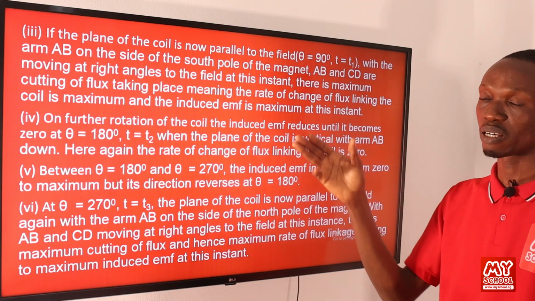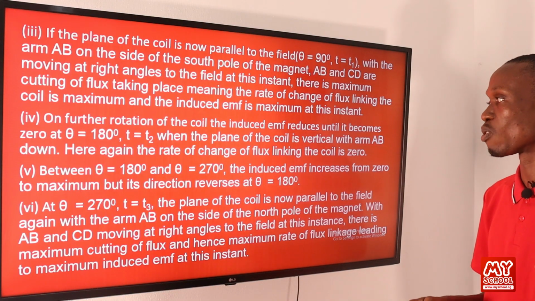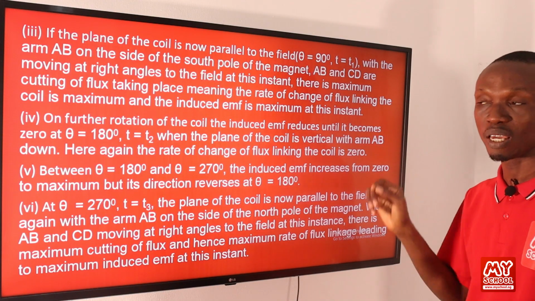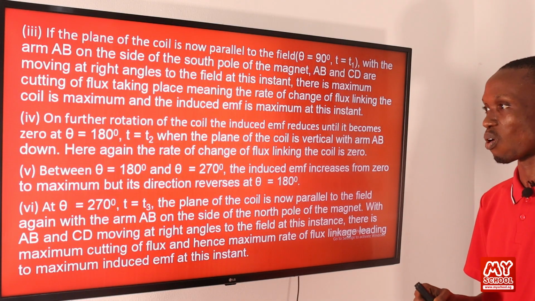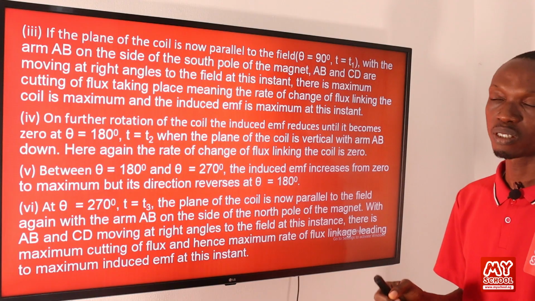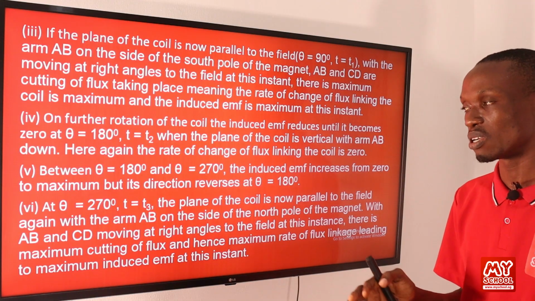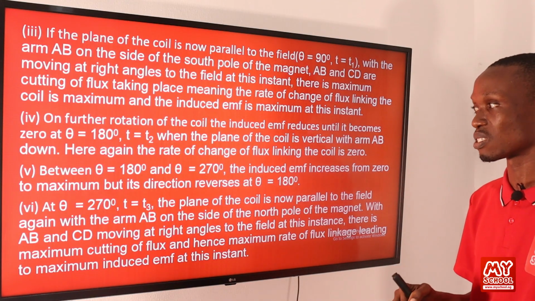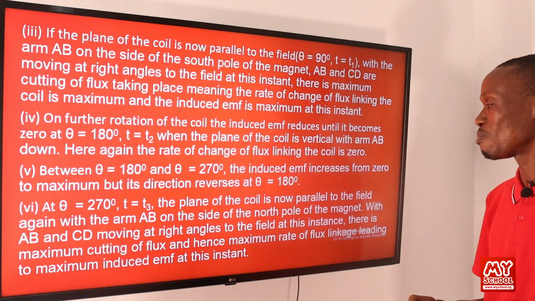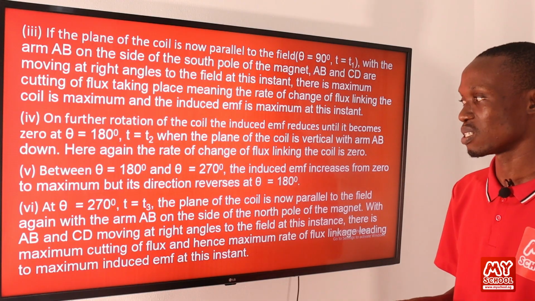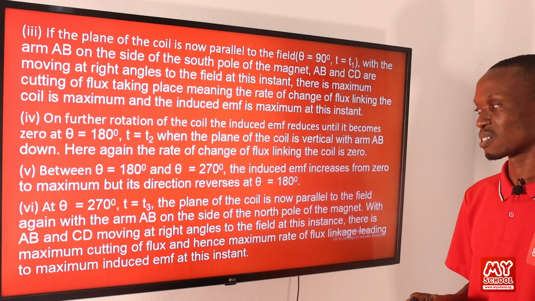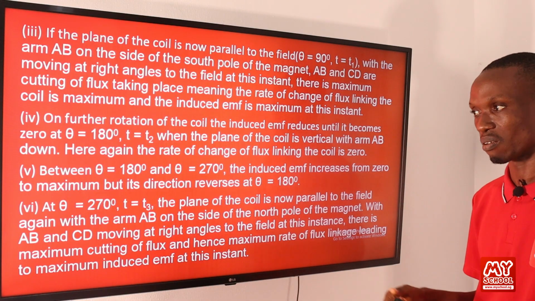Now remember that t there represents time. When the plane of the coil is vertical with arm AB down, here again the rate of change of flux linking the coil is 0. Between theta equals 180 degrees and theta equals 270 degrees, the induced EMF increases from 0 to maximum, but its direction reverses at theta equals 180 degrees.